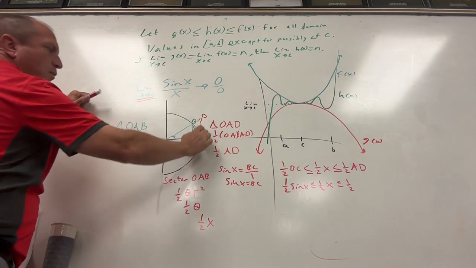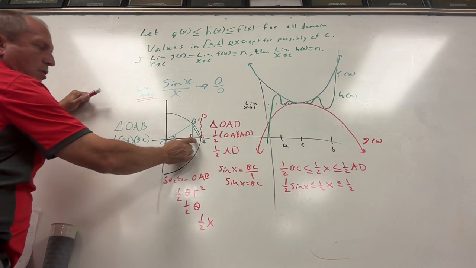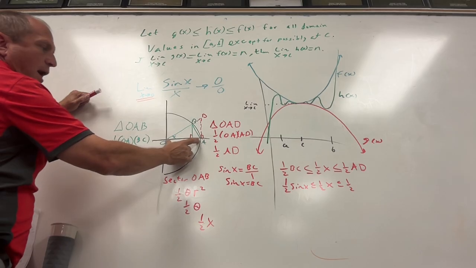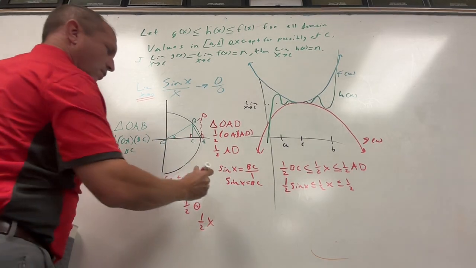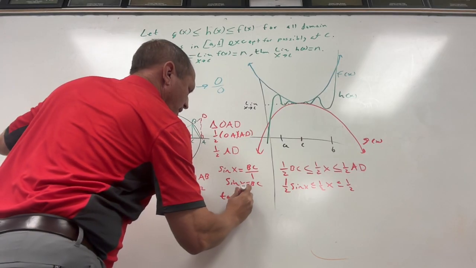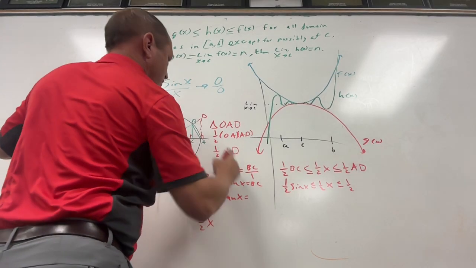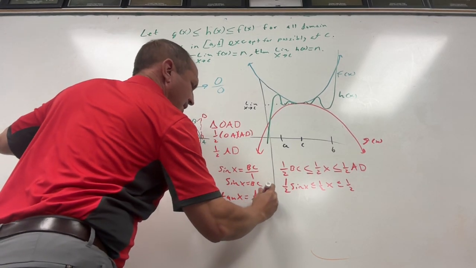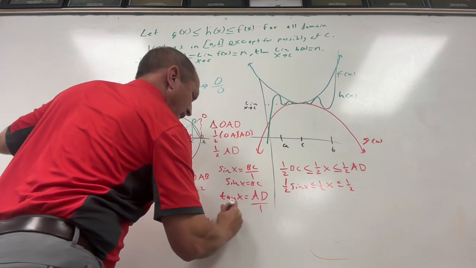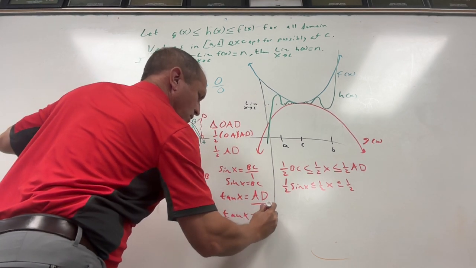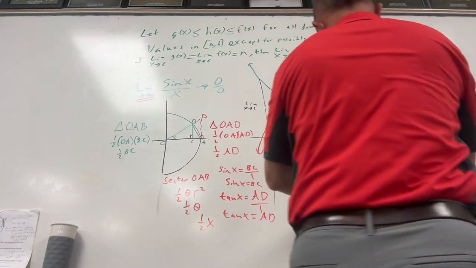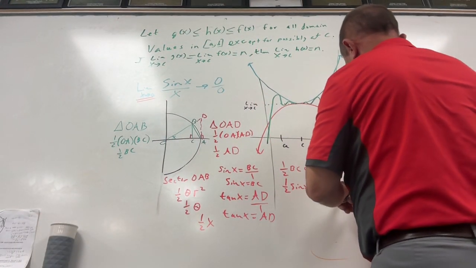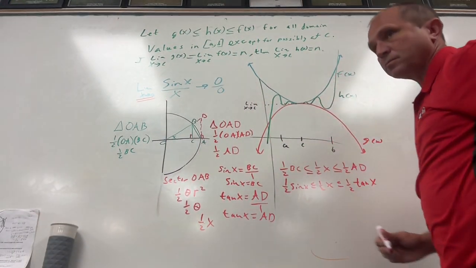But it does help me with this larger triangle, because with this larger triangle, I know I have an adjacent of 1. So the tangent of x is equal to AD over 1. So the tangent of x is equal to AD. So this now becomes 1/2 of the tangent of x.